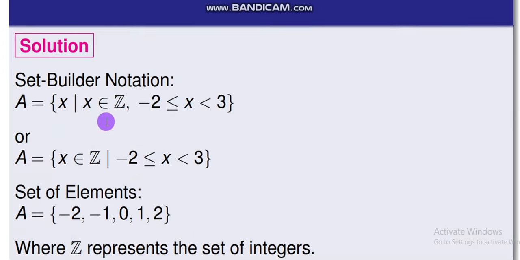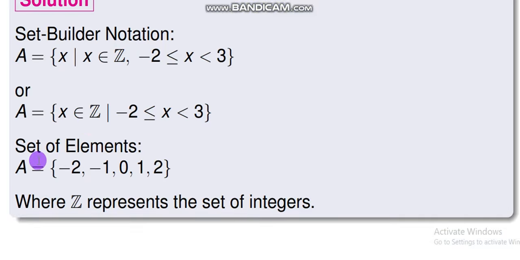So you have to write that here: -2 is less than or equal to x, meaning x is greater than or equal to -2. Again, x is less than 3. So if you are listing the elements, you can say the elements are -2, -1, 0, 1, and 2.